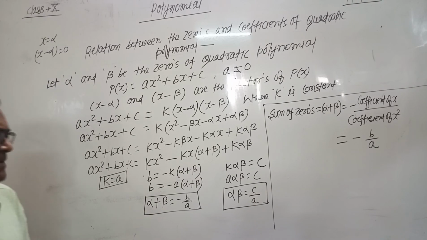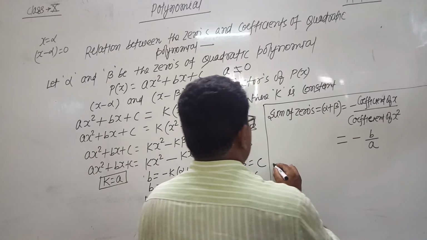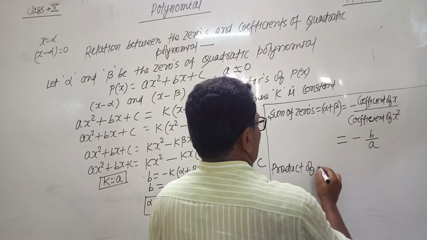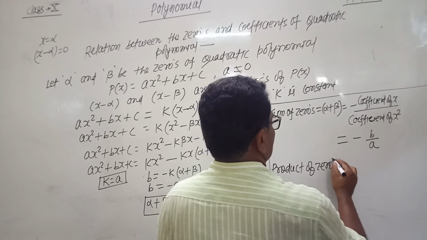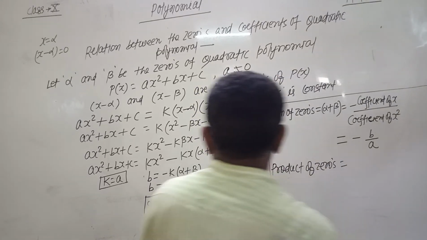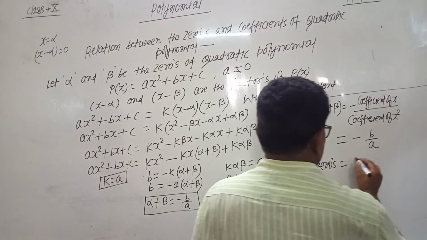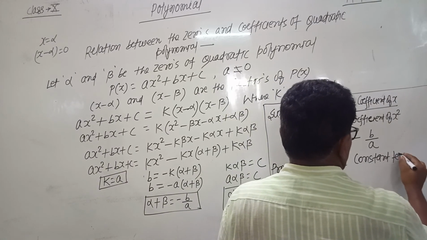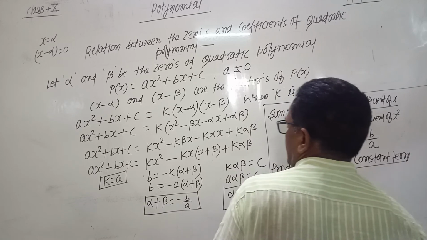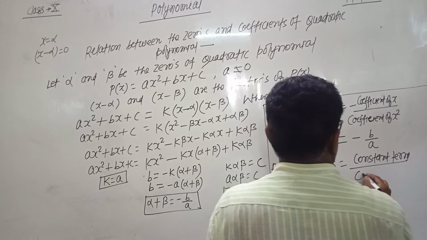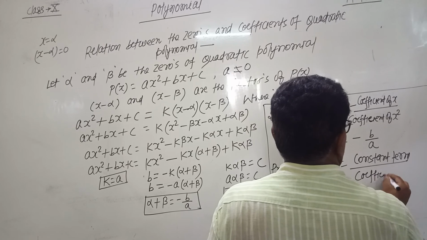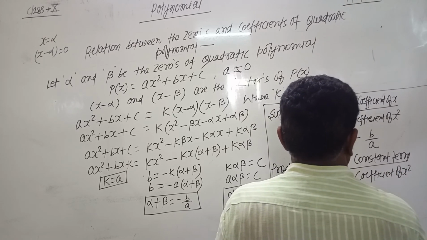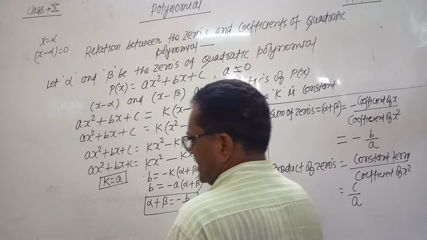Minus b by a, and product of zeros equals c by a. c is the constant term, so constant term upon a, where a is the coefficient of x², and this equals c by a.